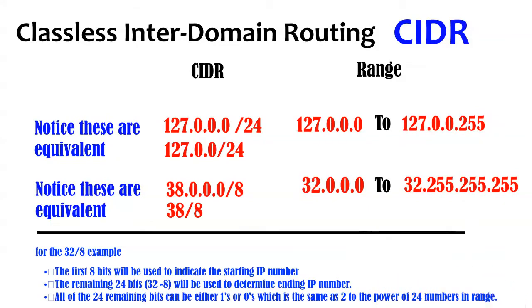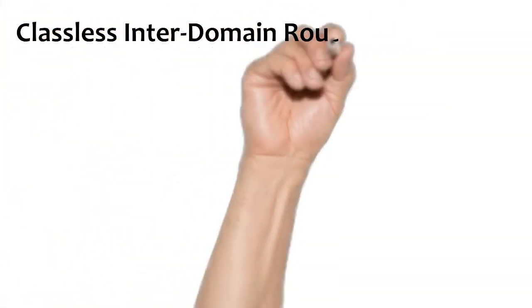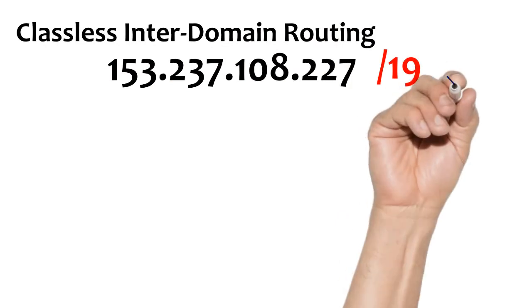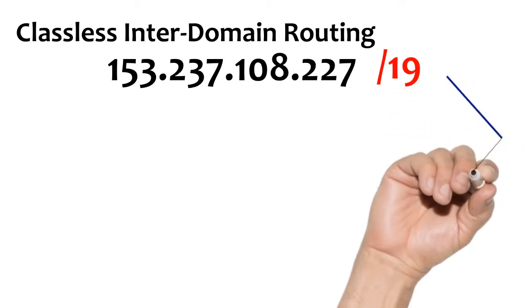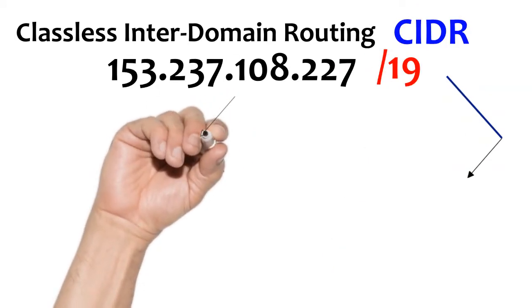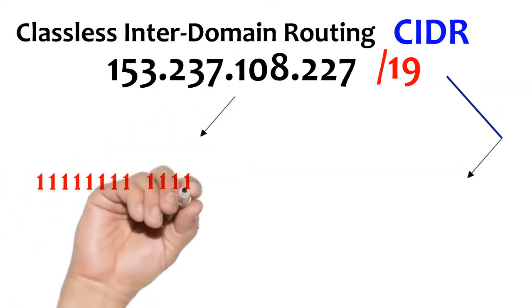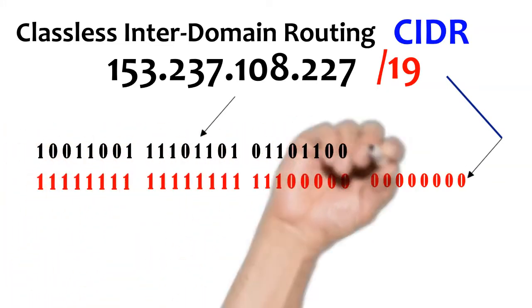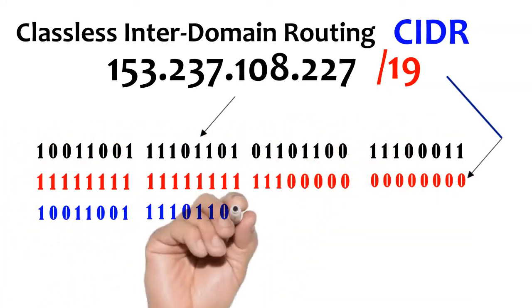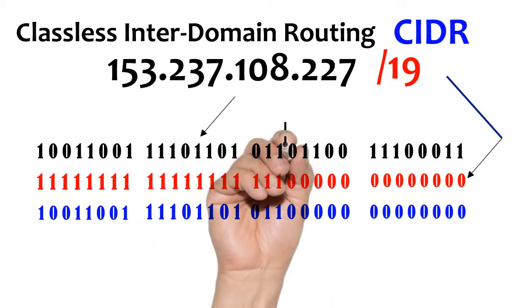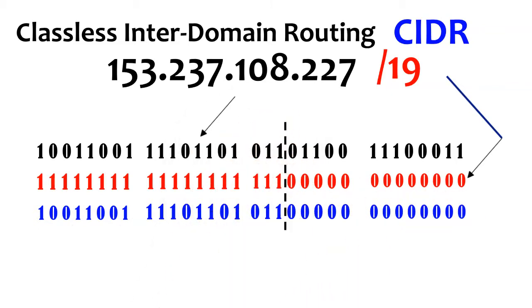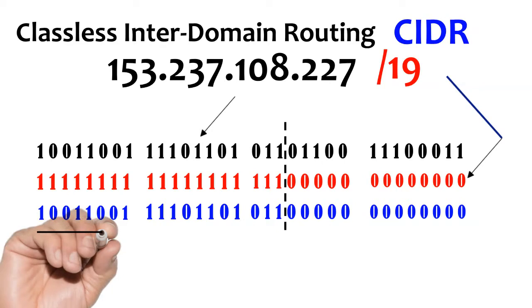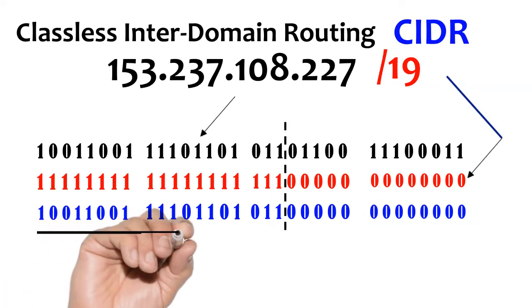So you may ask, how does that translate into a subnet mask? Well, /19 represents the number of ones that mask the network portion of the 32-bit address. So /19 means 19 ones, starting from left to right. These are the bits that are designated to be immutable, or the network ID that cannot be changed.